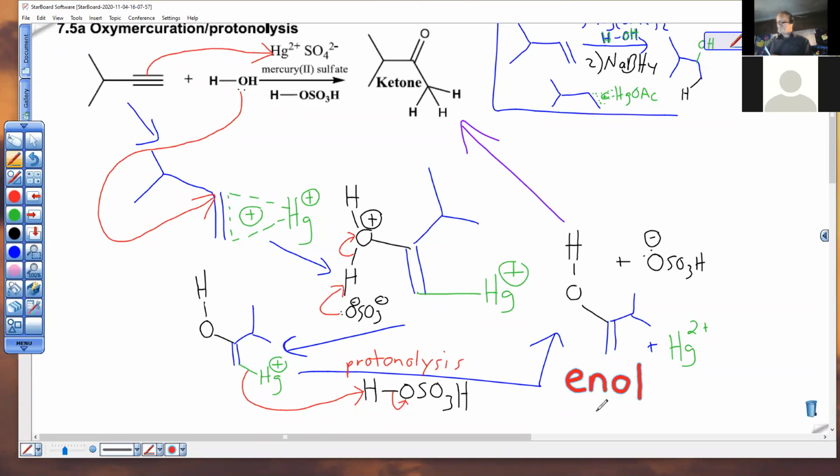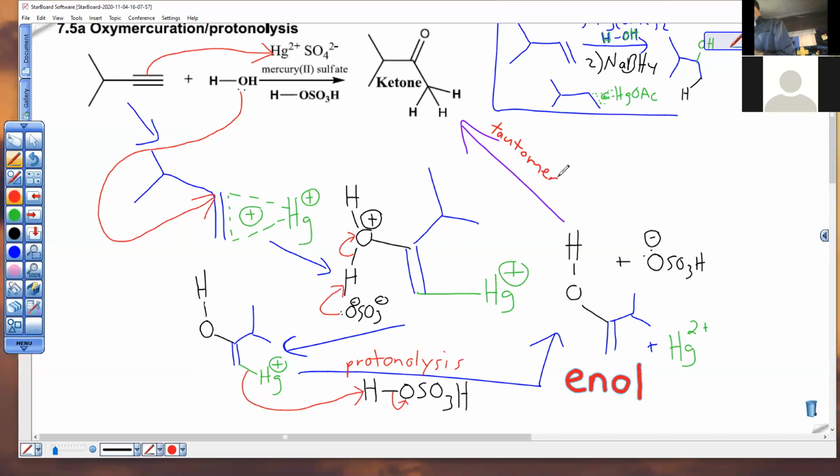And what happens in this last step has a very, very fancy name. Let's put that fancy name here. I can't get too fancy with the type of pen. It's called tautomer.